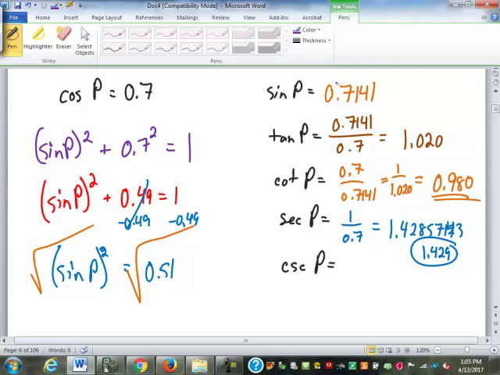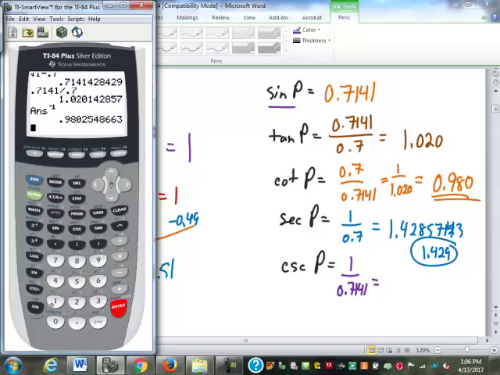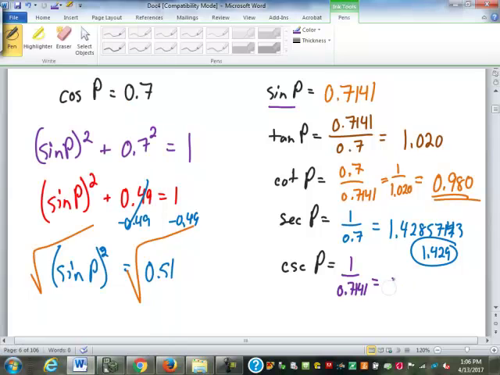Okay. Cosecant of P is the reciprocal of sine. So 1 over 0.7141, 1.400. What do you think? Good stuff?